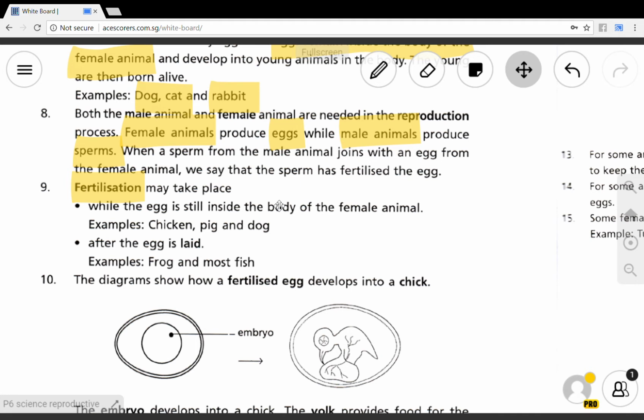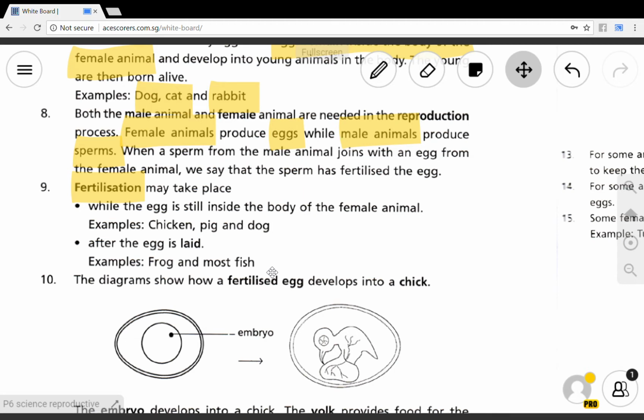It can also take place when the egg is outside, for example the frog and fish. In PSLE, they love to ask things like internal fertilization, so internally fertilized or externally fertilized. Which one is externally fertilized? Frog, fish.